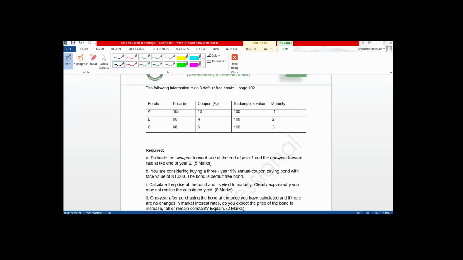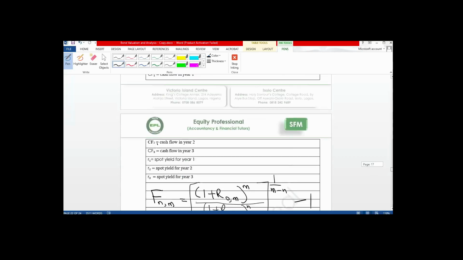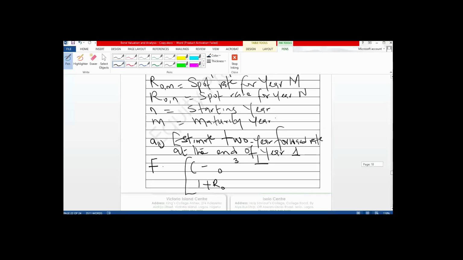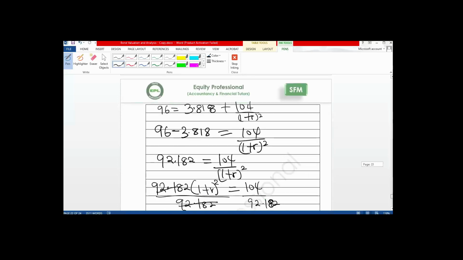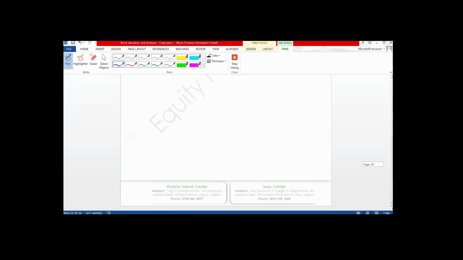Look at these requirements. The price of the bond. The bond is for 3 years. That means I want to get the price of this bond. The bond has a face value of 1,000.